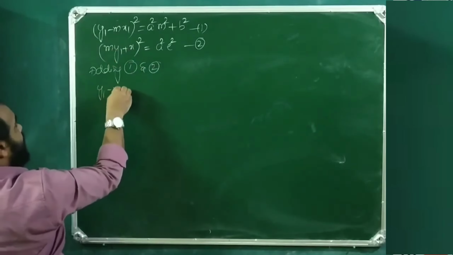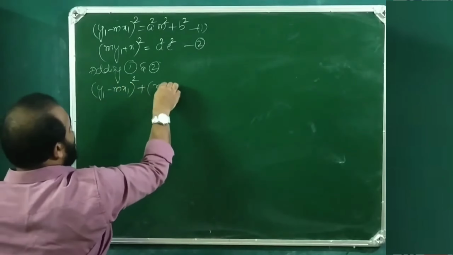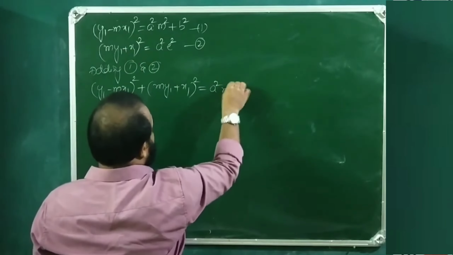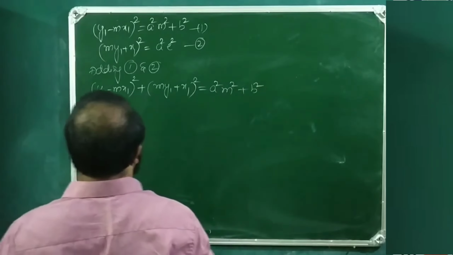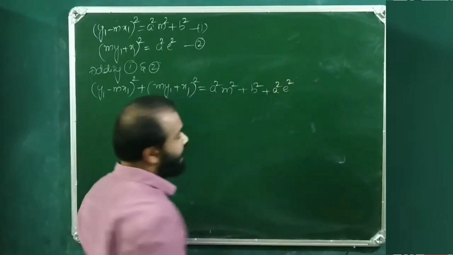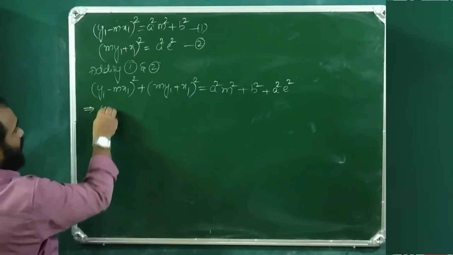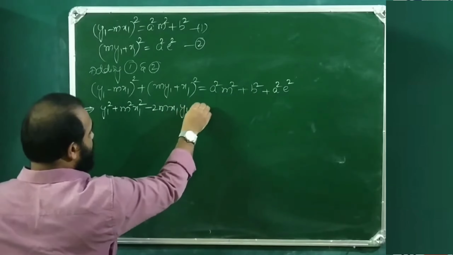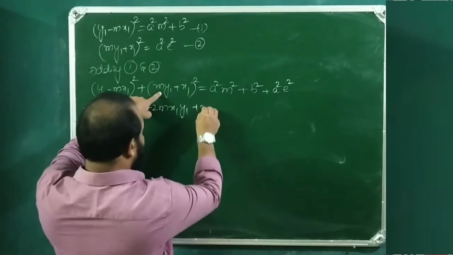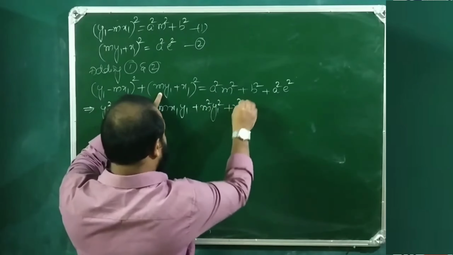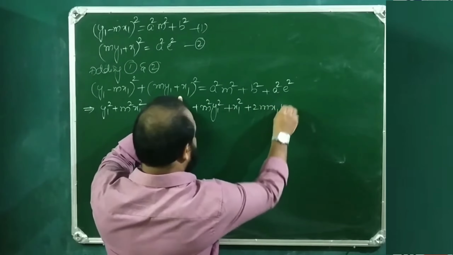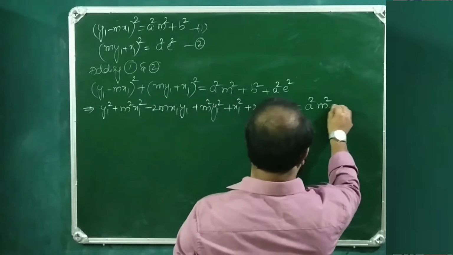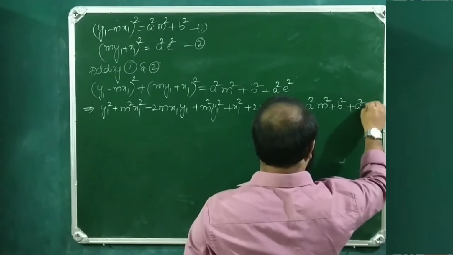So (y1 minus mx1) whole square plus (my1 plus x1) whole square equals a square m square plus b square plus a square e square.